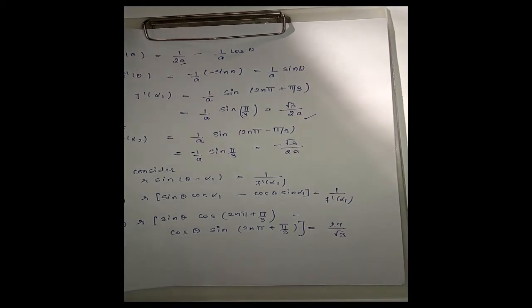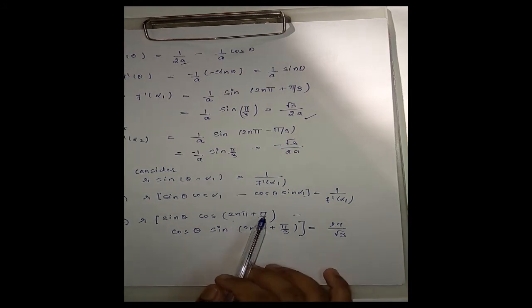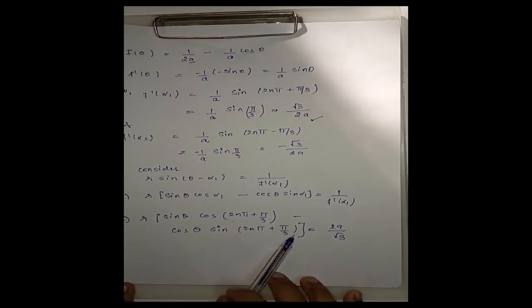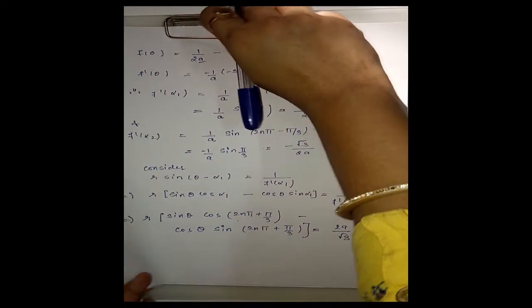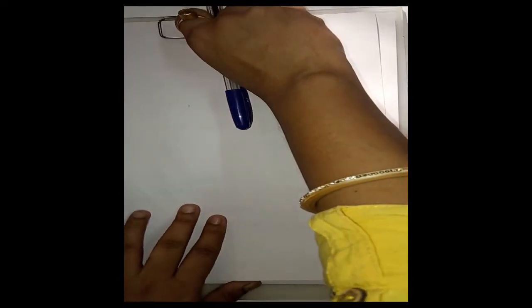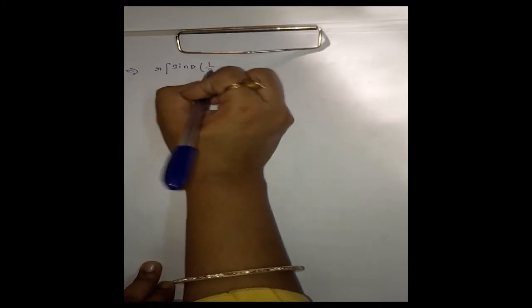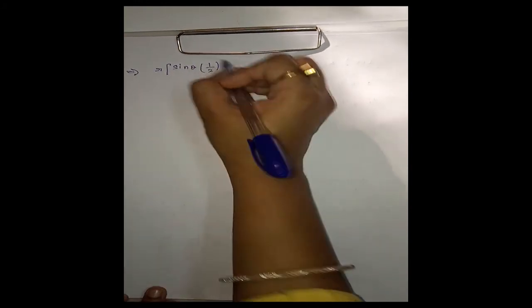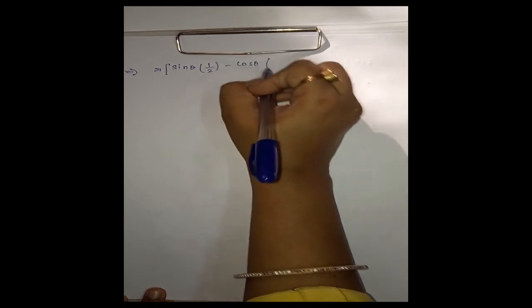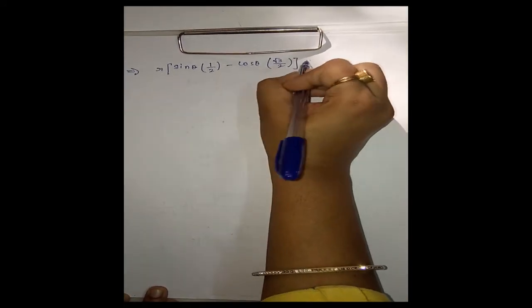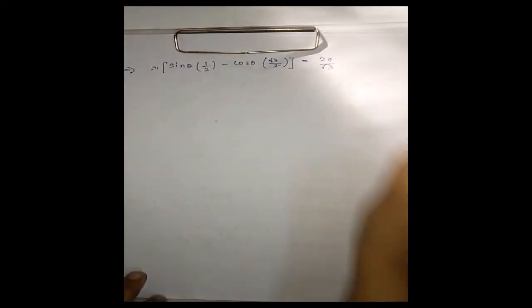Now this is cos pi by 3 and this is sin pi by 3. Substituting the values of cos(2n pi plus pi by 3) and sin(2n pi plus pi by 3), I get r sin theta into 1 by 2 minus cos theta root 3 by 2 is equal to 2a by root 3.